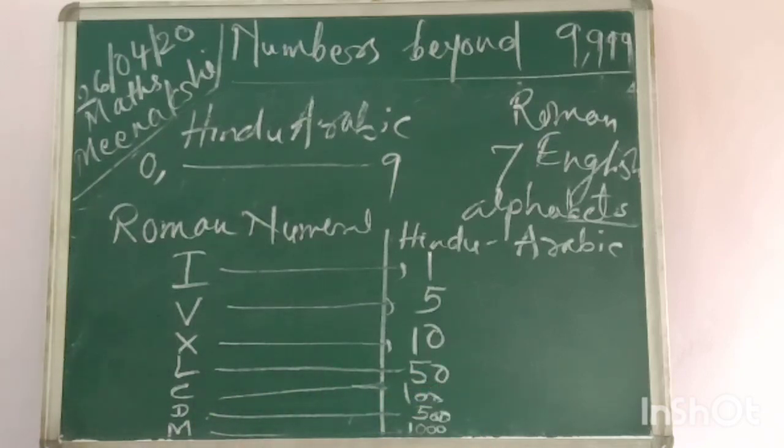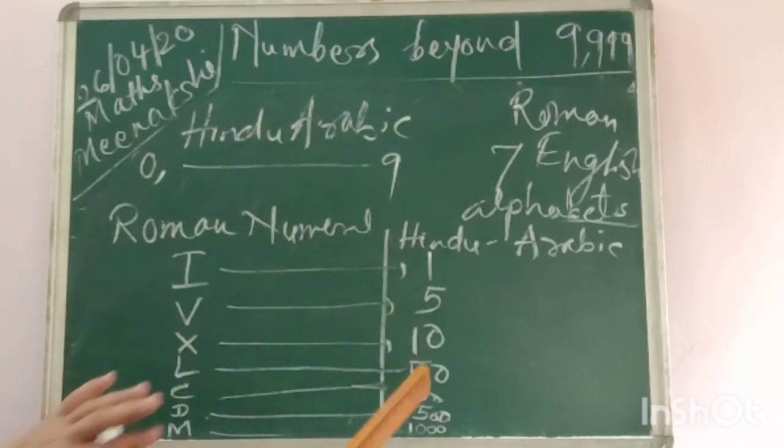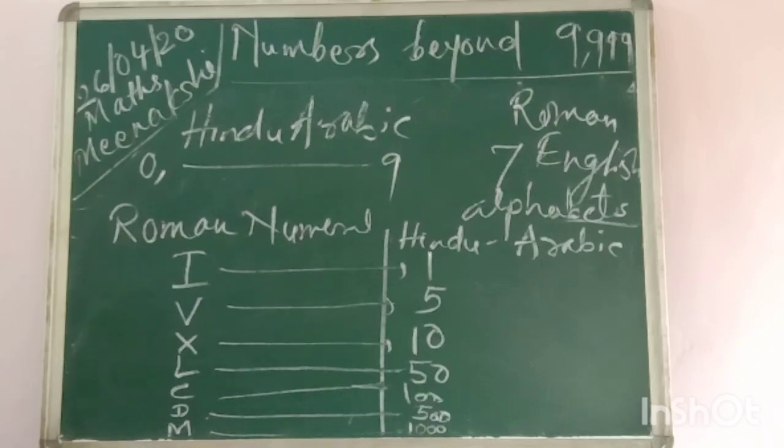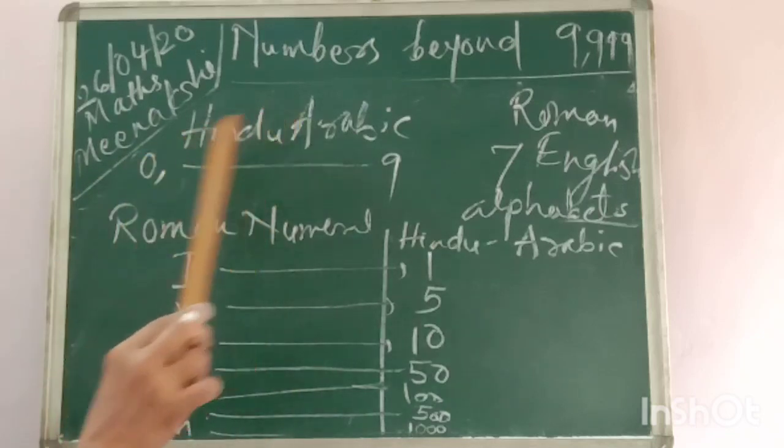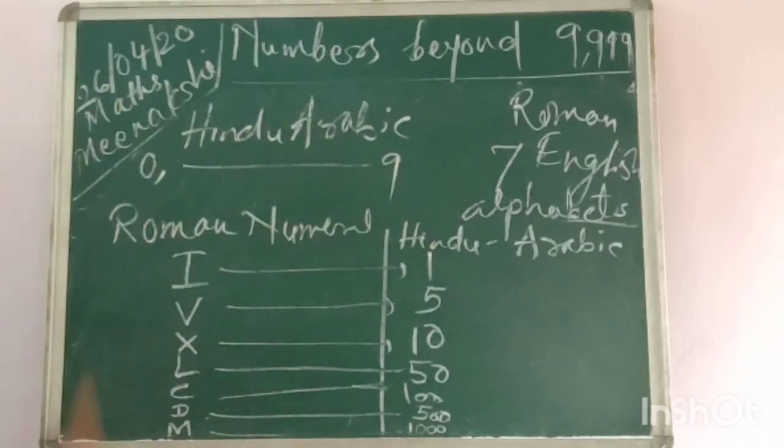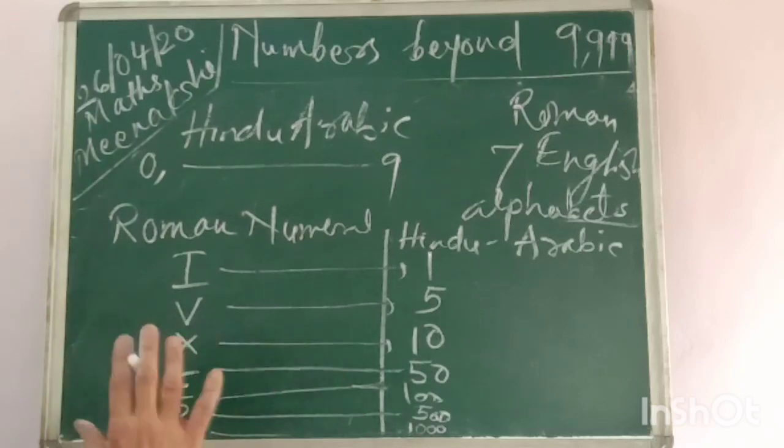So these are the Hindu-Arabic values for these English alphabets, and we use them to form large numbers in Roman numerals. See here, what difference can you see? The 0 is in the Hindu Arabic numerals, which is not present in the Roman numerals. Did you understand this much?